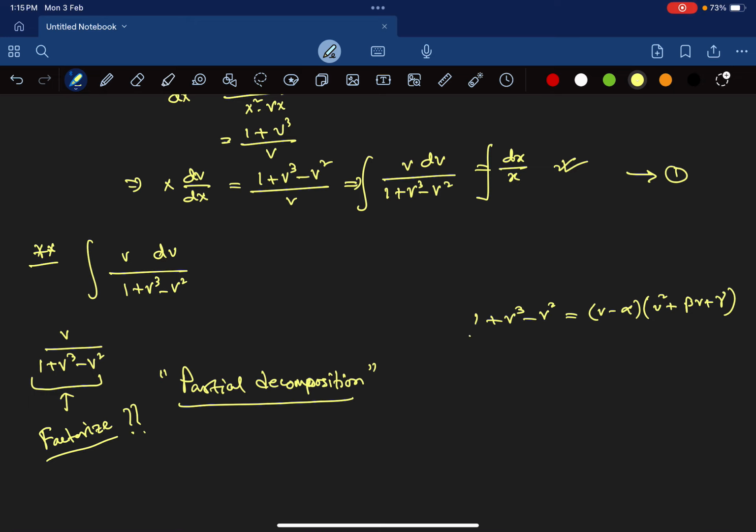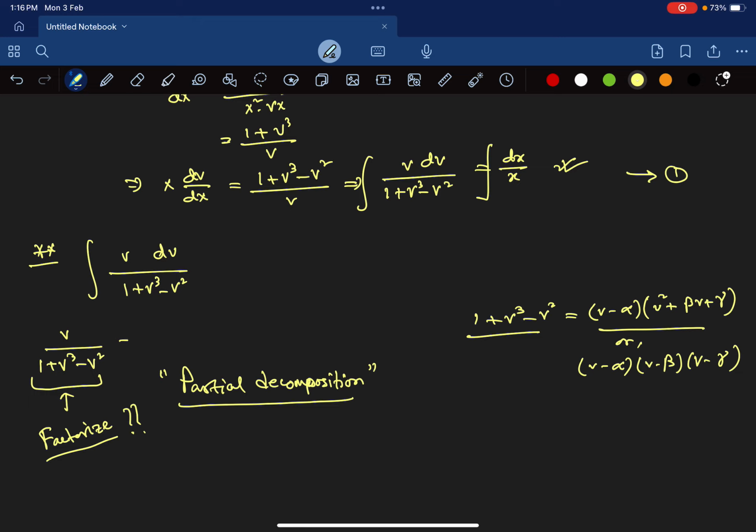Suppose this can be written as this, that is, you are basically decomposing this one. Or if it is written as v minus alpha, v minus beta, v minus gamma, suppose, if it is possible.